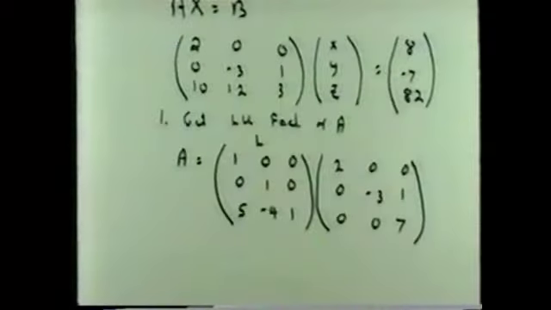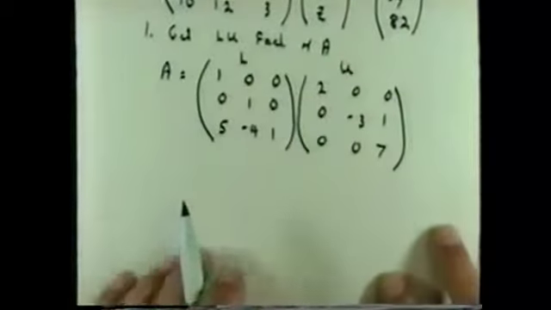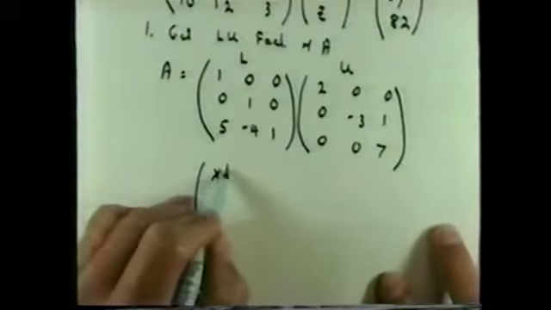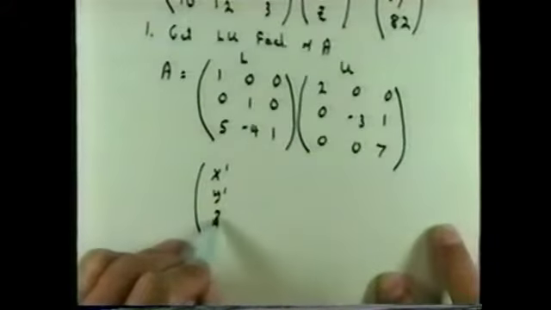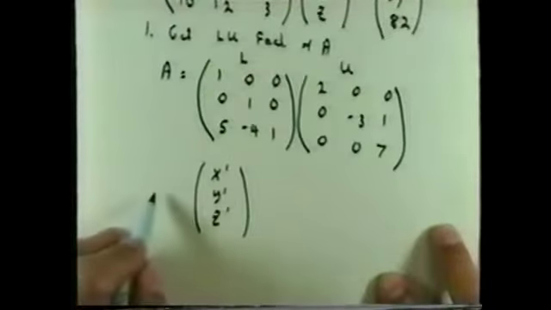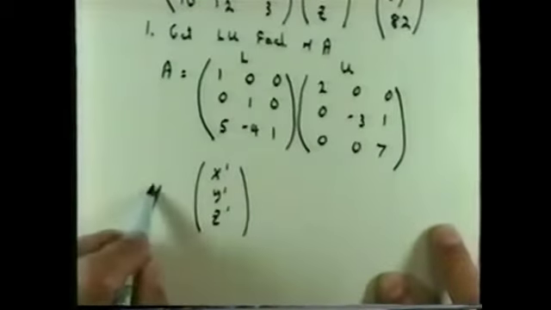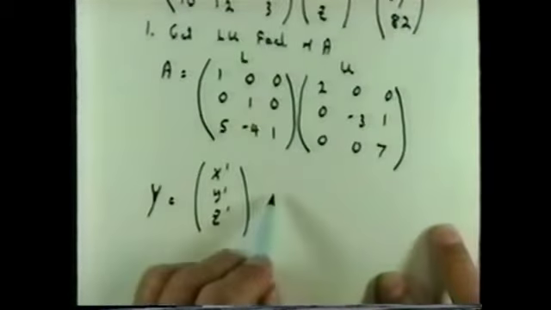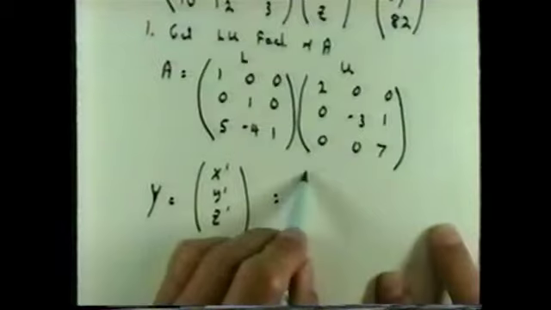Now the two steps that we said follow once you have the LU factorization is to let Y equal UX. So we'll let Y, which I'll call x prime, y prime, z prime, make it capital Y. The Y matrix, which is x prime, y prime, z prime, is going to equal UX.